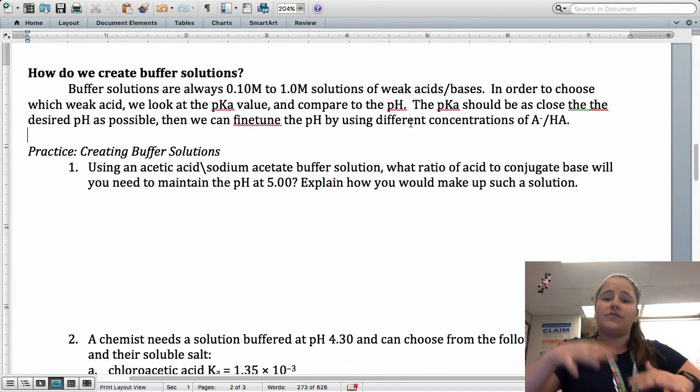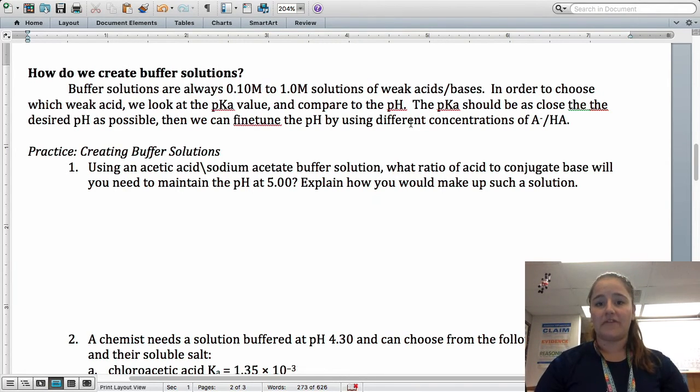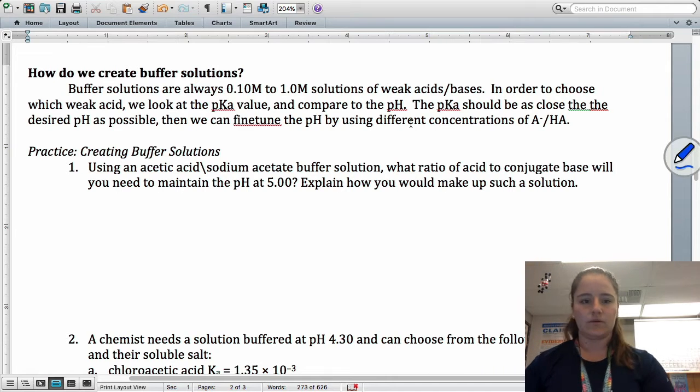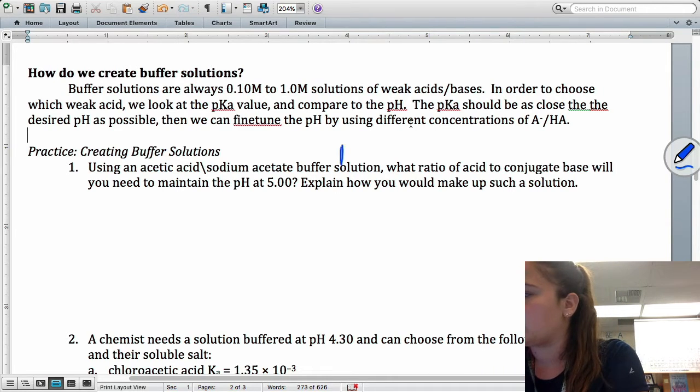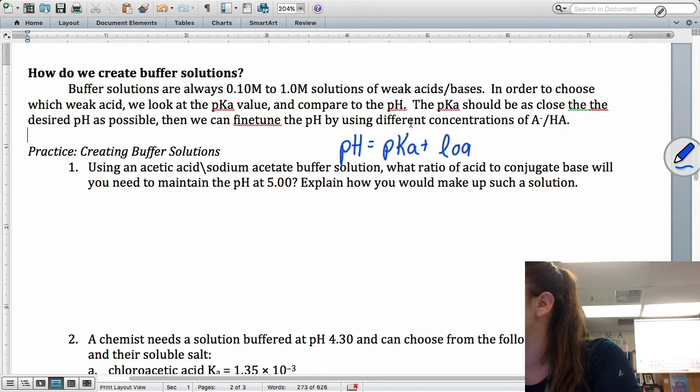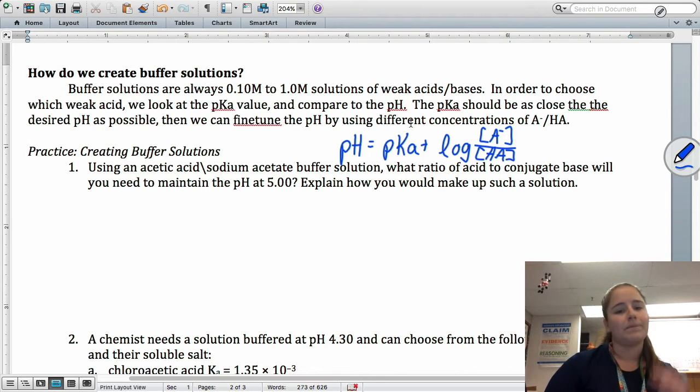That'll give us the most flexibility in our buffer and have it be a better buffer over a greater range of pHs. And remember, whenever we're dealing with buffers, we're going to be working with our Henderson-Hasselbalch equation: pH equals pKa plus the log of your A minus, your conjugate base, over your acid. Okay, the base over the acid.